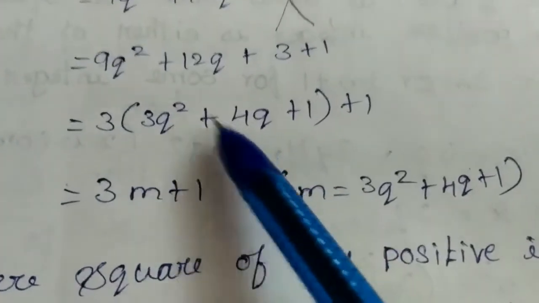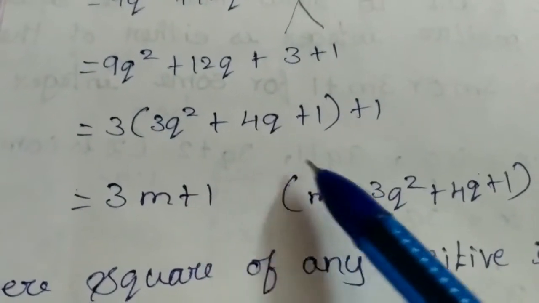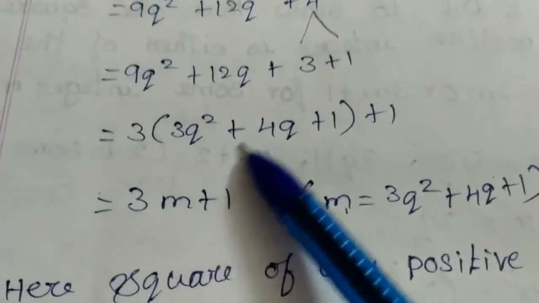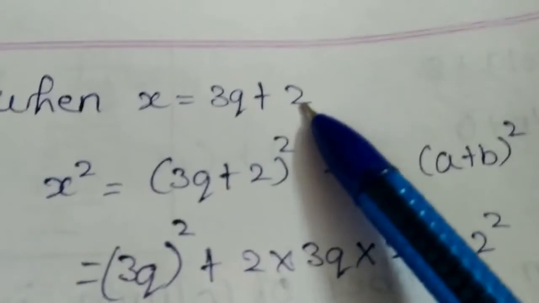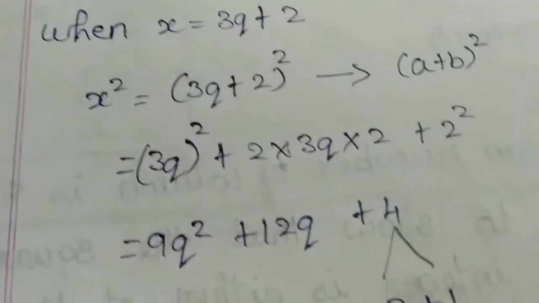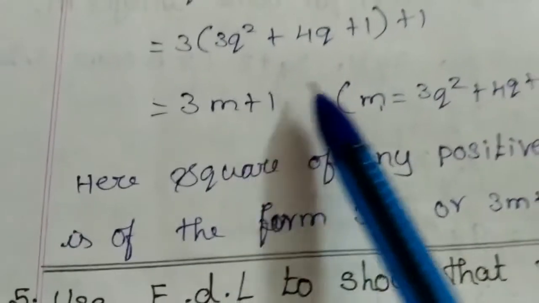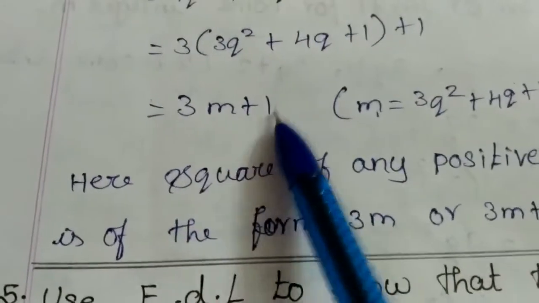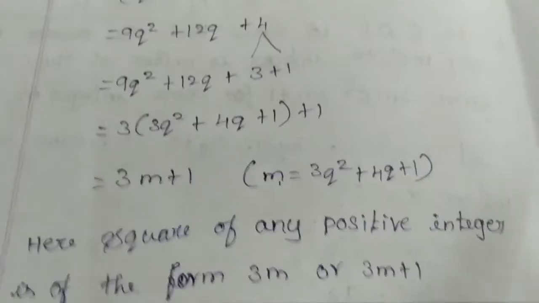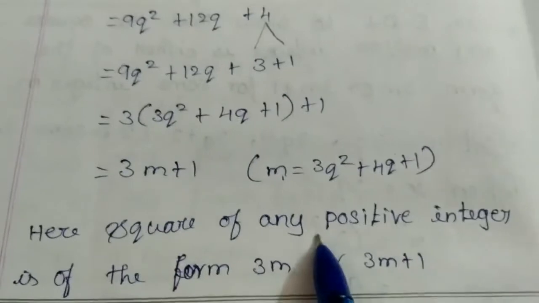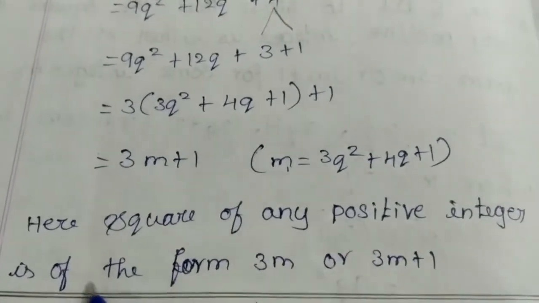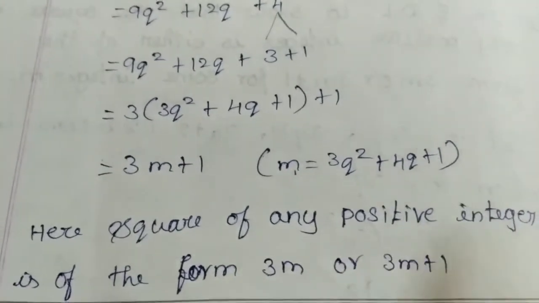Then only you know that this number we have taken as m. So this is m, meaning 3m plus 1. Whichever we take, 3q plus 2 or 3q plus 1, the number will always come as 3m plus 1. So the square of any positive integer is of the form 3m or 3m plus 1.